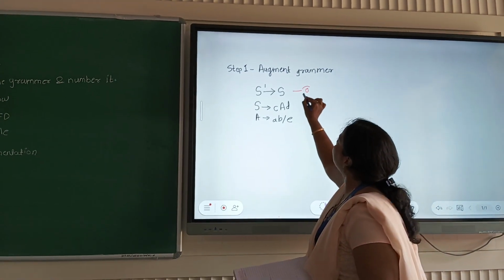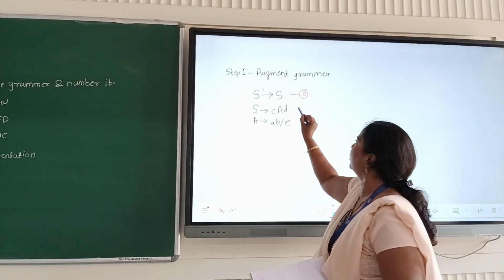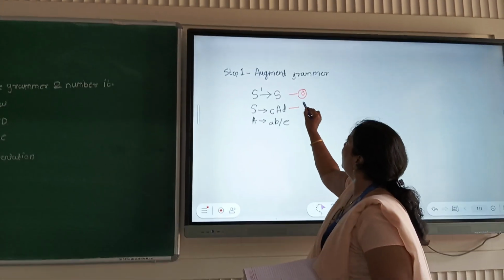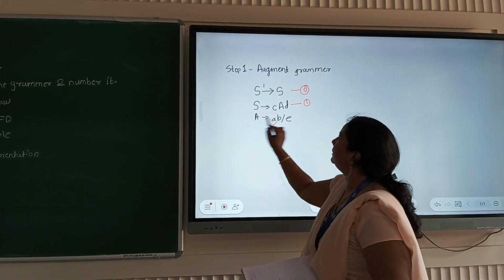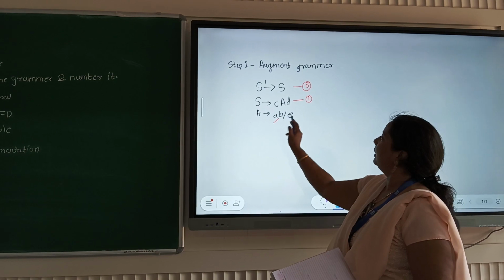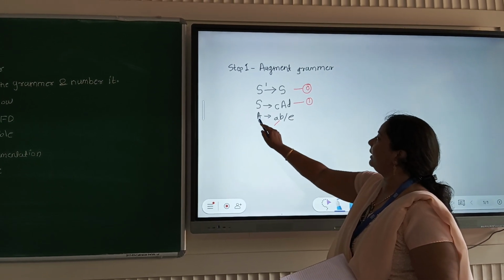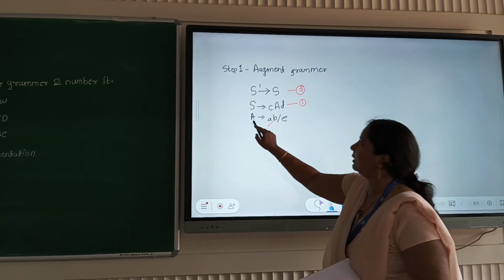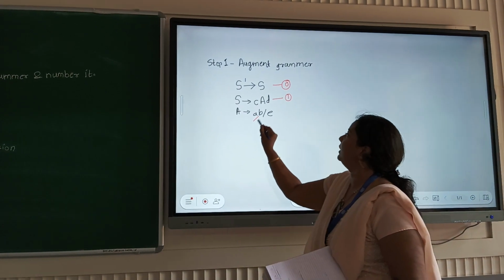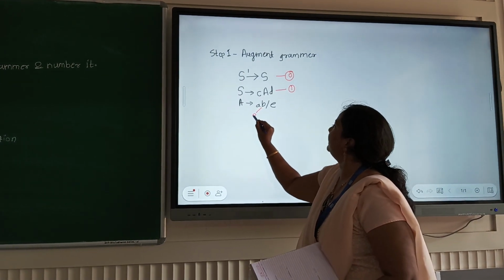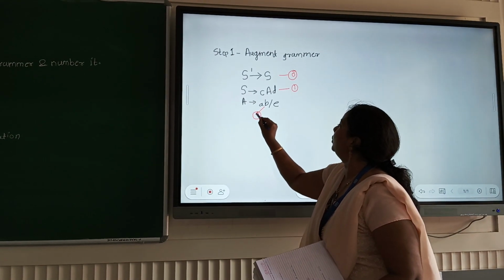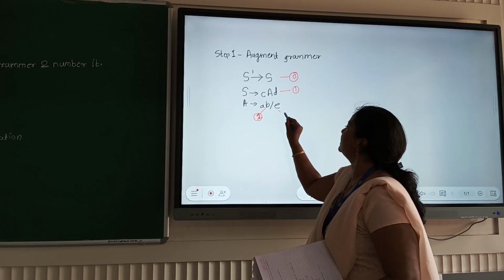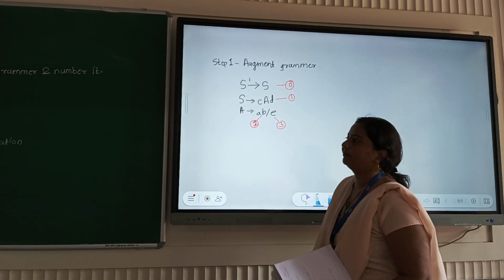The numbering always starts from the 0th location, 0, 1. There are two productions, A implies AB or also A implies epsilon. So I am taking this number as 2 and this one as 3.